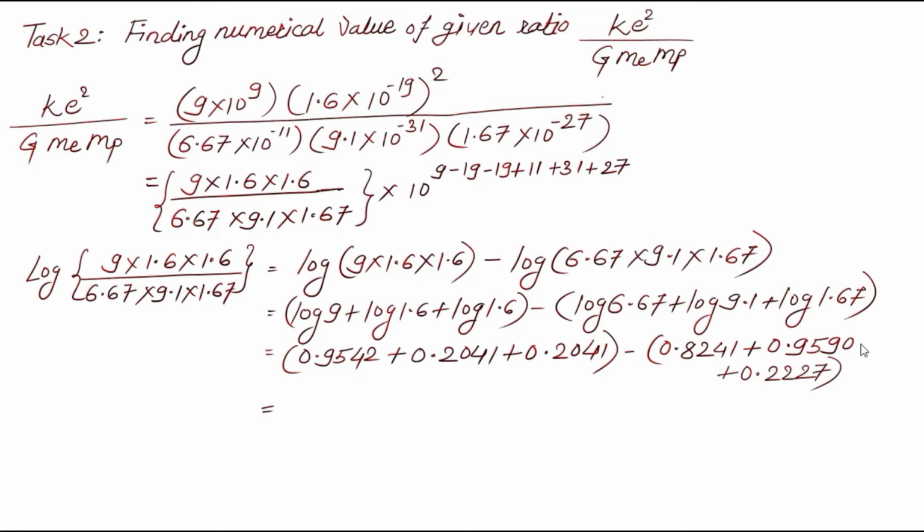So by calculating these values, we will have 1.3624 minus 2.0058, which comes out to be minus 0.6434.